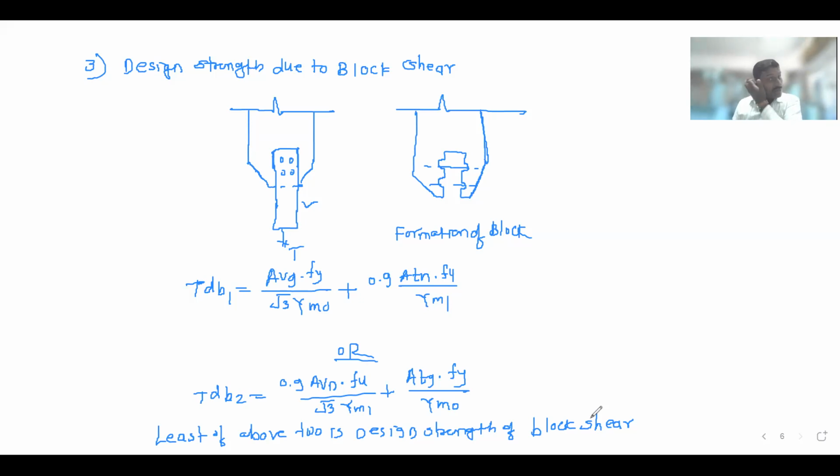So what are the unknowns here? The unknowns are AVG, AVN, ATG, and ATN. These are the four unknowns.